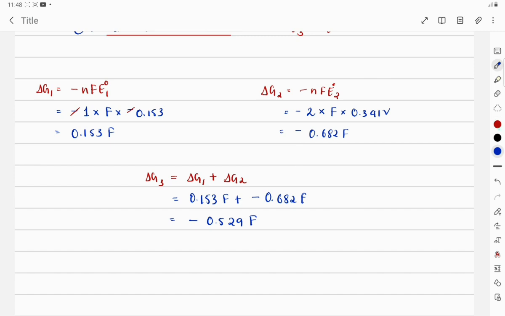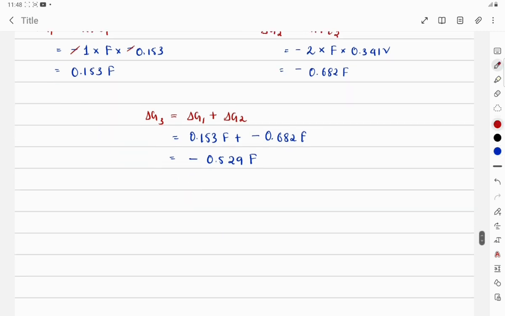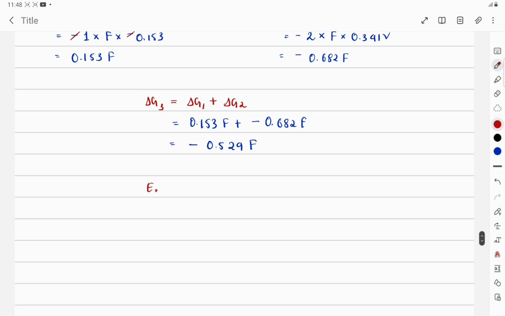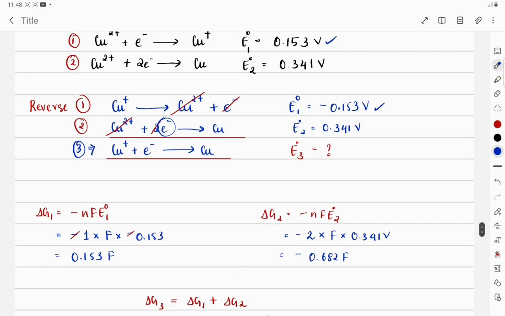Now the question is not complete. We have to find E0, or E30. So E30 will be minus delta G3 divided by nF. So what is minus delta G3? It is minus of minus 0.529 F, divided by n. What is the number of electrons involved in the third equation? It's evident it is only one electron.